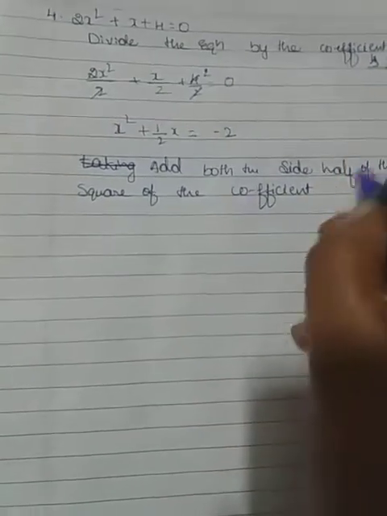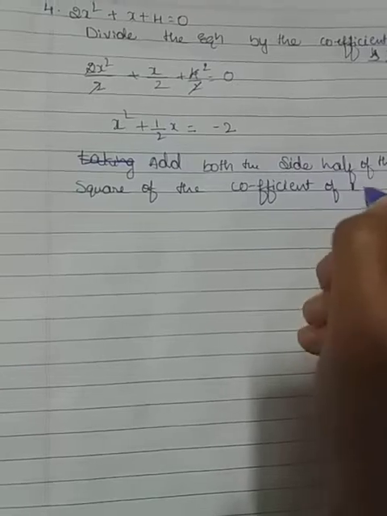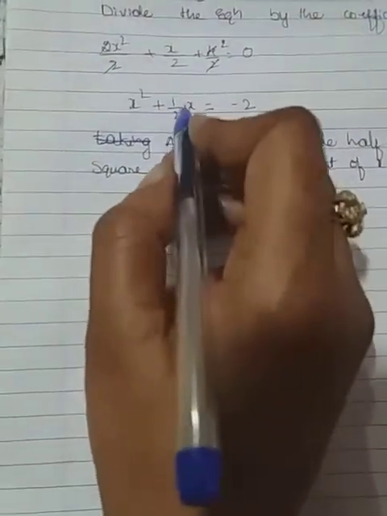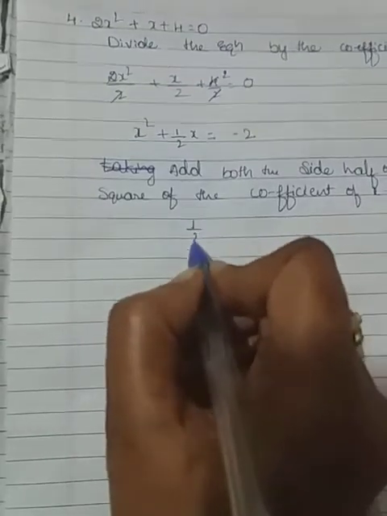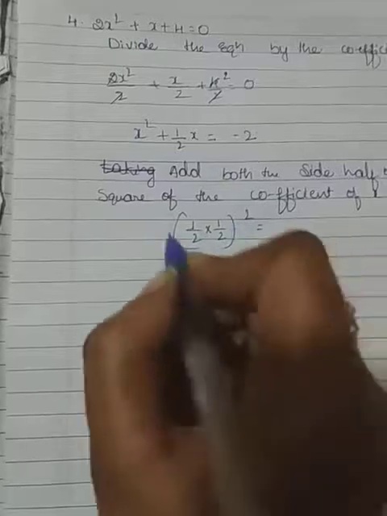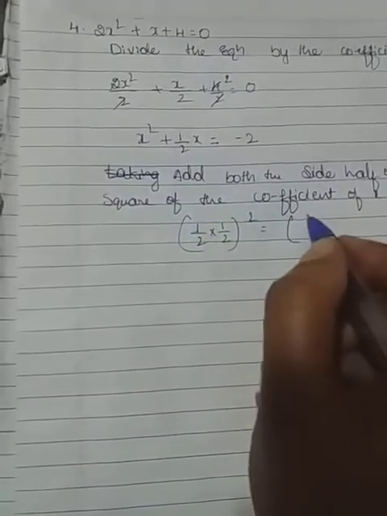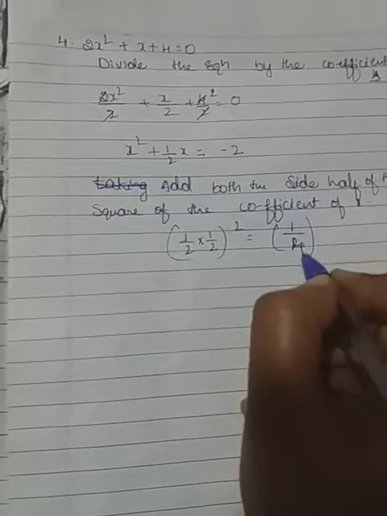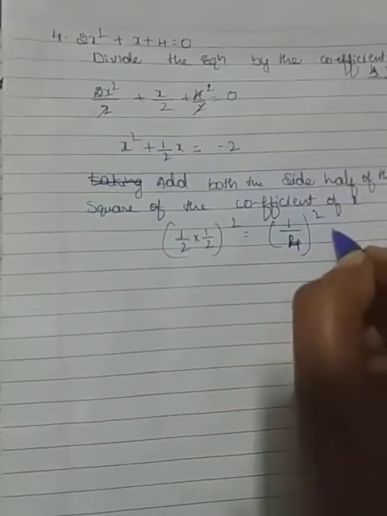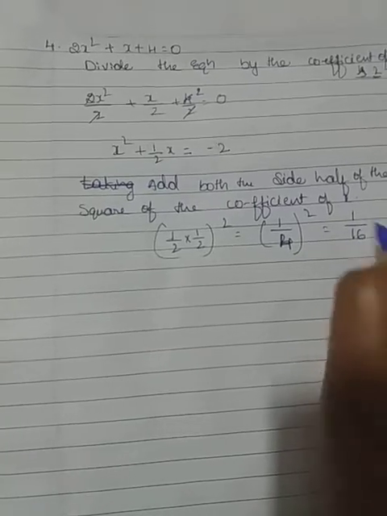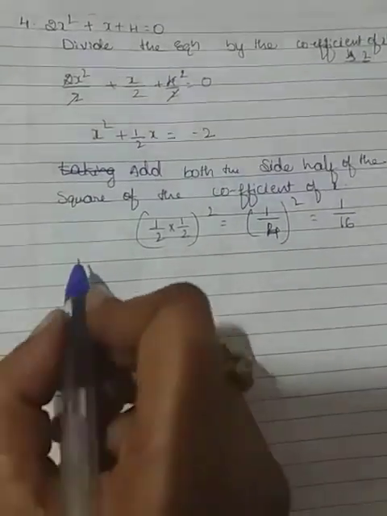First we took x square, now x. So what is the coefficient of x? Nothing but half. That means half into half, that square. Here we will get, in a bracket, 1 into 1 is 1 and 2 into 2 is 4. Squaring the numerator, 1 square is 1, and 4 square is 16. So add 1 by 16 on both sides here.